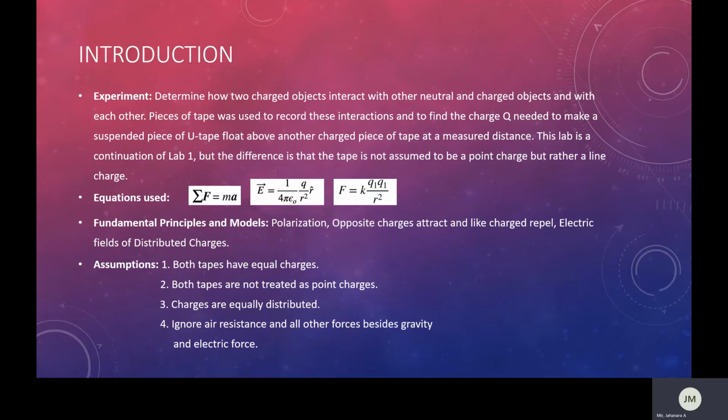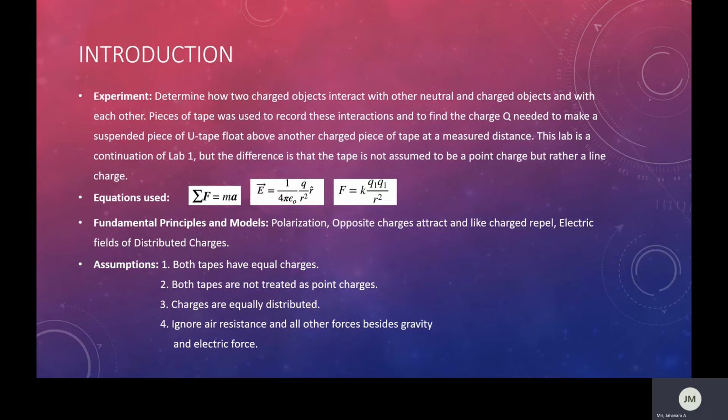The same fundamental equations were used, but the fundamental principles and models were a little different from what we saw in Lab 1. So polarization, which is basically the result of a certain electromagnetic radiation when a neutral object interacts with a charged object, causing the neutral one to be polarized through a temporary dipole.